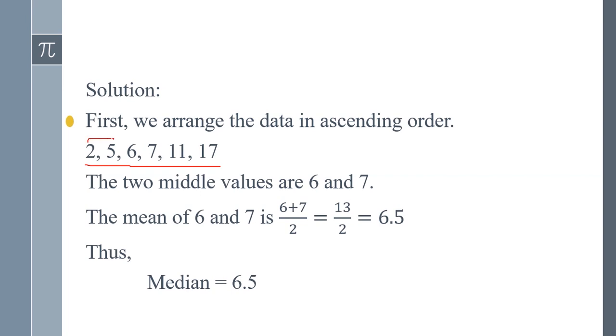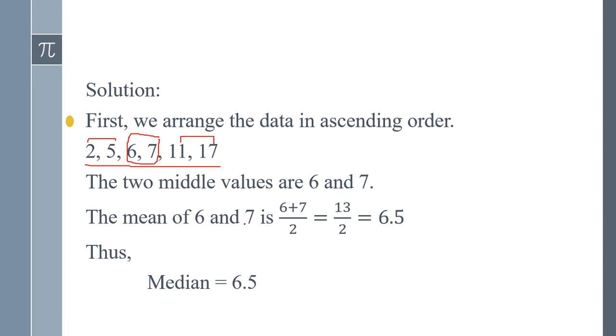If we pair up 2 and 5, and 11 and 17, then we are left with 6 from this side and 7 from this side. These two values lie in the center of this data set. Because we have an even number of data points, if we calculate the mean of 6 and 7, this is called the median of this whole data set. So we have 6 and 7 as the middle values.